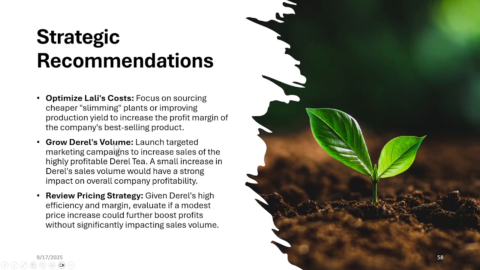have three main strategies. The first one, they may have to optimize the Lally cost. That means they have to focus on sourcing cheaper raw materials or improving production yield to increase the profit margin of the company's best selling product. Second, we talk about growing the volume of the product.